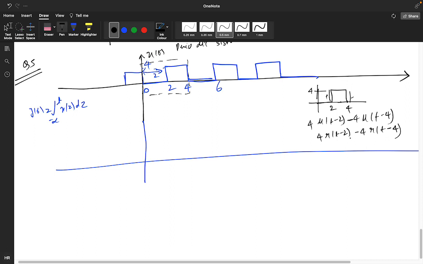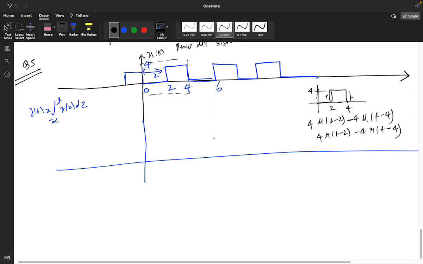This is the function. So how will I get the equation? 4 r of t minus 2 minus 4 r of t minus 4.